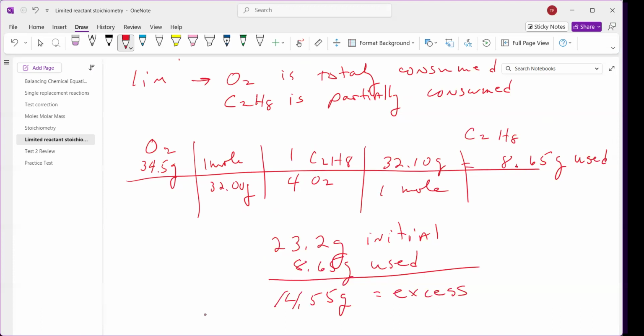So we have a little over 14 grams left over of the ethane.